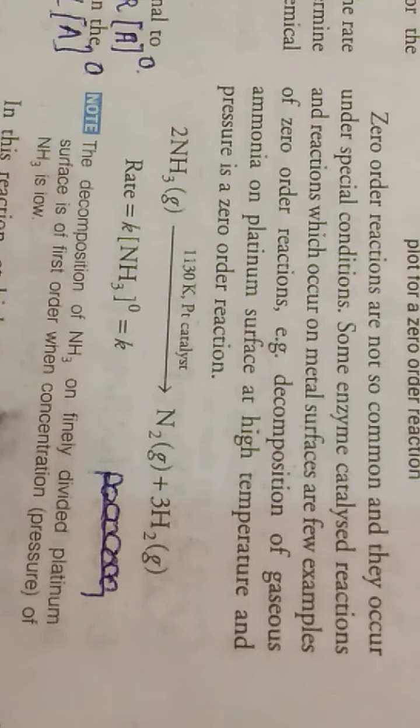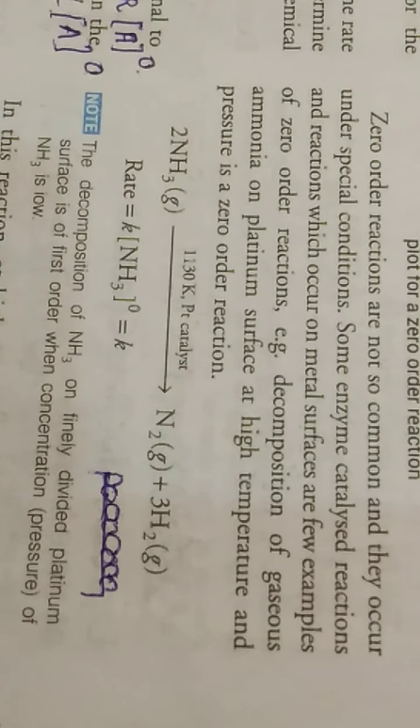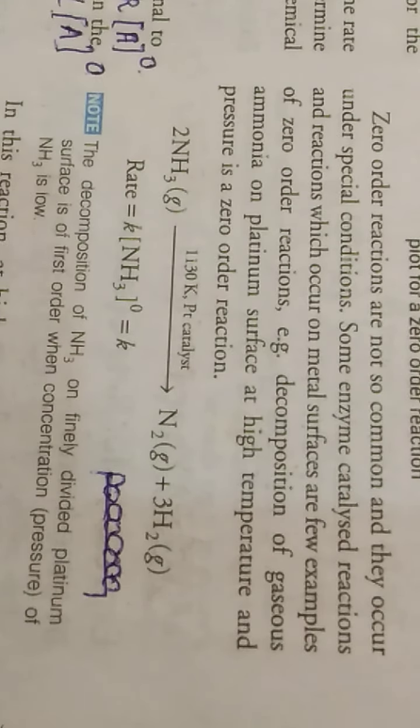The reaction becomes independent of the reactant because the surface of the platinum catalyst is saturated. There is no space left for ammonia molecules to come and the reaction to proceed, so the reaction becomes independent. Okay, so this is one example.